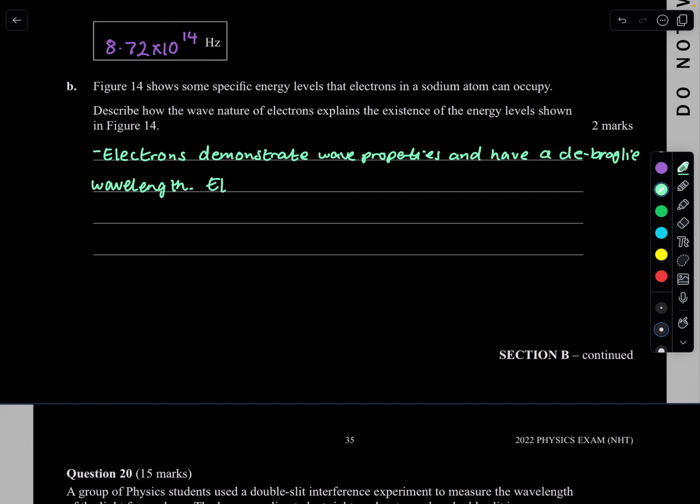So electrons only orbit atoms when the orbital circumference is the correct length.